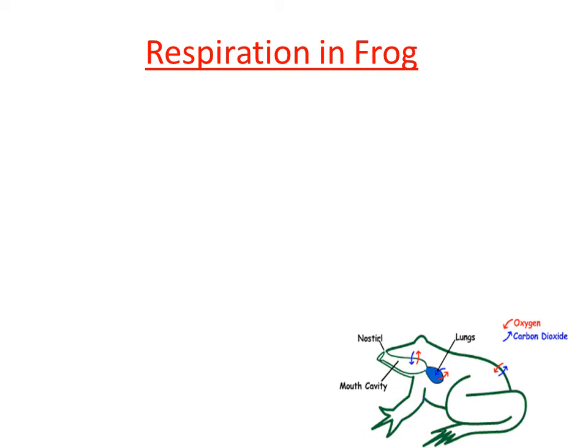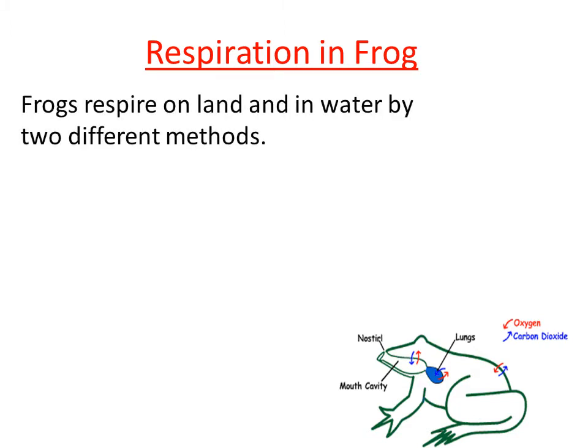Then what are the organs utilized by this organism for respiration? That is the question. Frog respires on land and in water by two different methods. When it is in water, it utilizes some organs for respiration, and when it is on land, it utilizes some other organs.